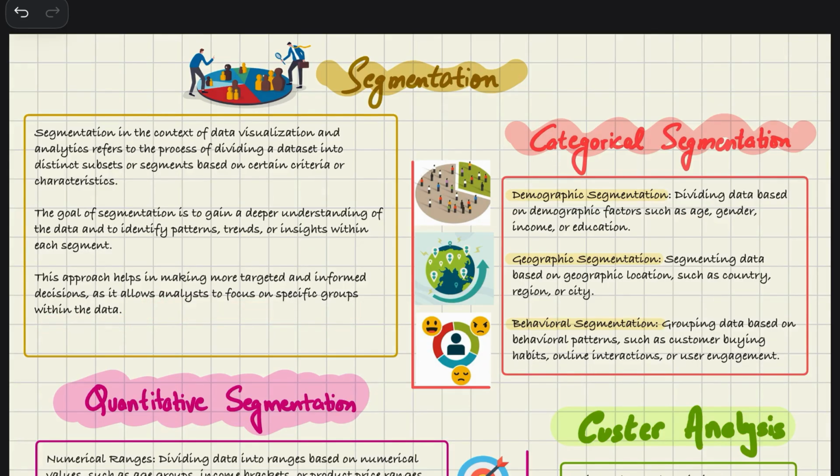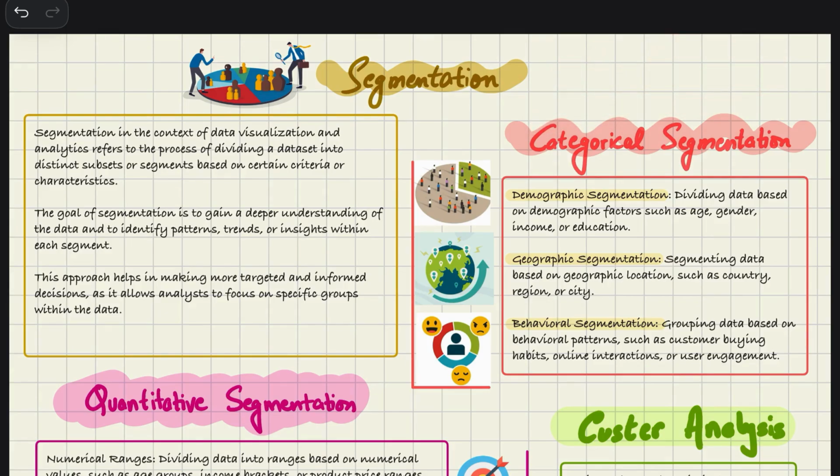If we talk about the types of segmentation, it is clearly split into two major worlds. First is categorical segmentation. This relies on qualitative attributes of the group profile.